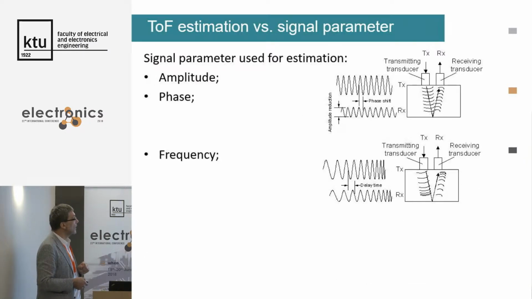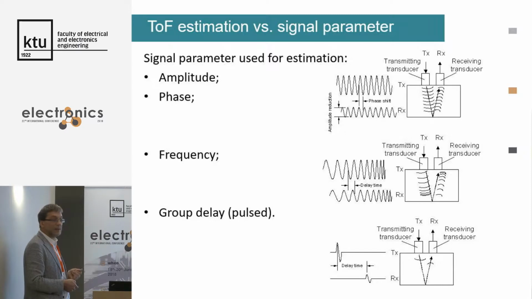Then another way to measure the delay is to use a frequency modulated signal. You see this one was constant frequency, and for this one you can see that the frequency, for instance, is increasing constantly. So with this constantly increasing frequency, you are able to estimate the delay by measuring the instant frequency difference between the transmitted and received signal.